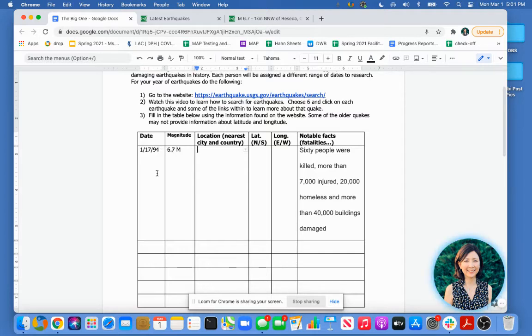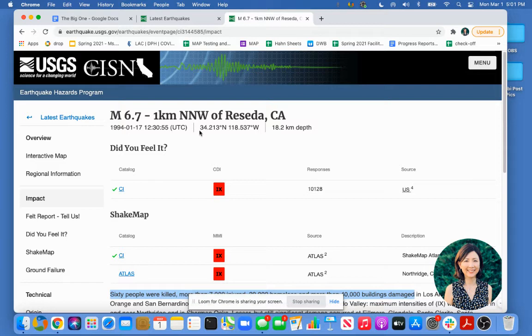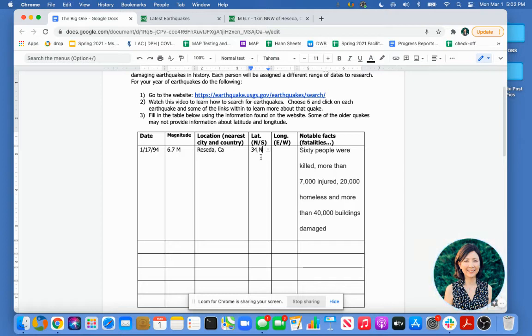The location was Reseda. The latitude, longitude was 34 north and 118, I'm going to round it, 119 west. 34 degrees north, and 119 degrees west.